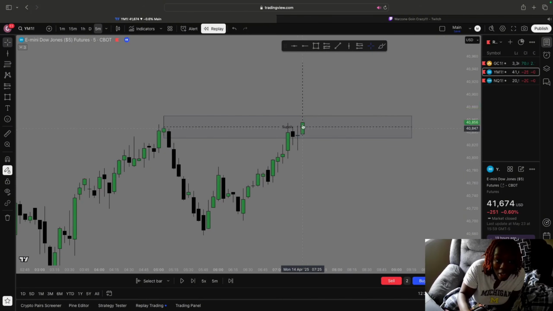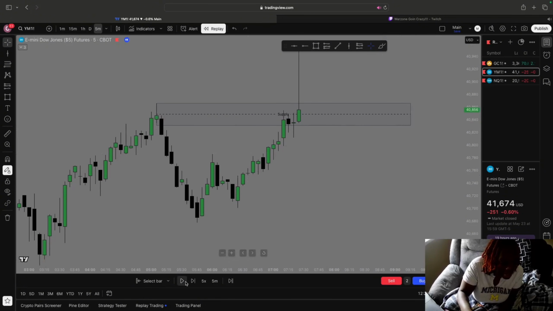Now, even though this massive wick right here happened, it still never broke this box. It still hasn't broke. So what does that mean? Again, there's strength here, yes. And also, this is still a valid box.